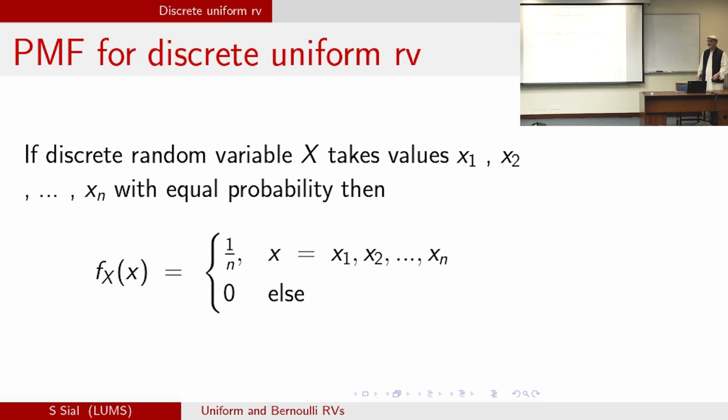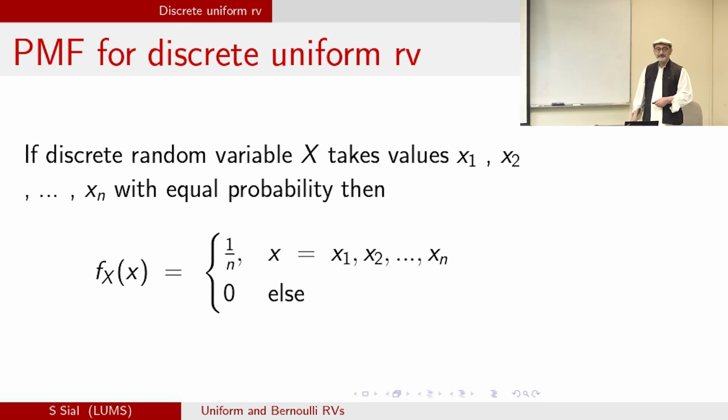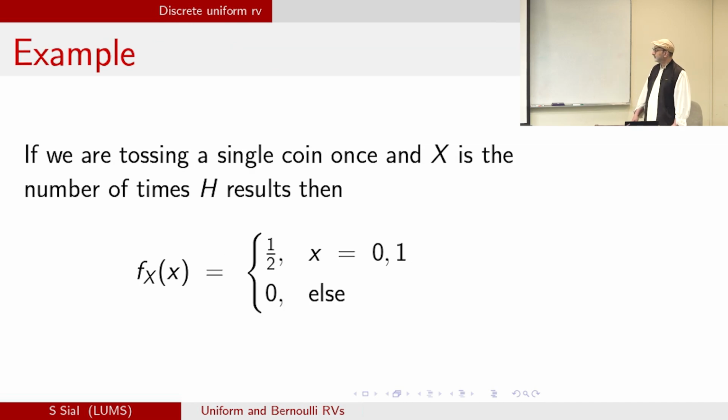So we saw a couple of examples of a discrete uniform random variable that fits this form, and we saw an example of something which is not a discrete uniform random variable. Any questions about this? No? Okay.